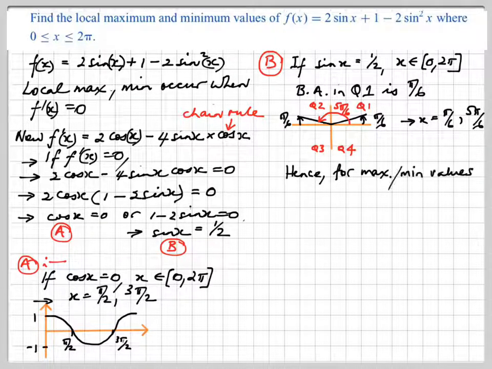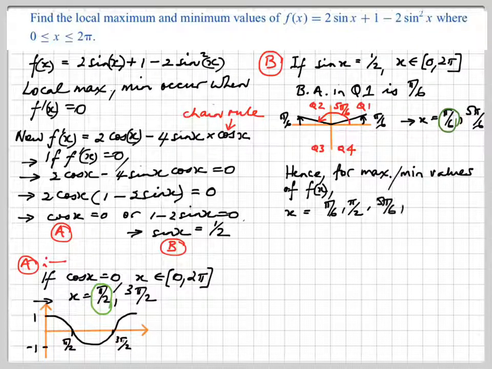Hence, for maxes and mins, we know that x has to be pi on 6 or pi on 2, or 5 pi on 6, and 3 pi on 2. I'm circling them, you can see where they came from. But of course, guys, don't go rushing off and thinking you've answered the question.